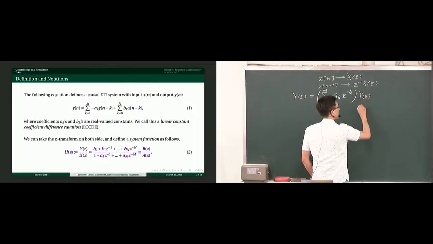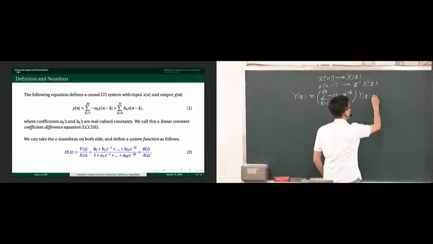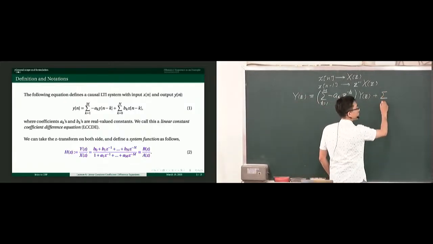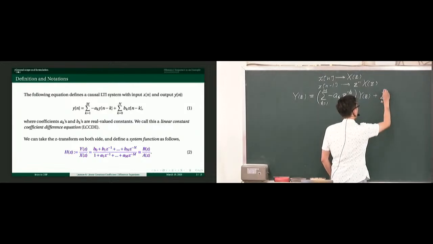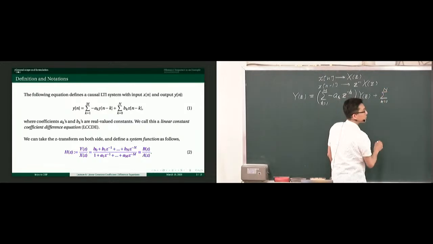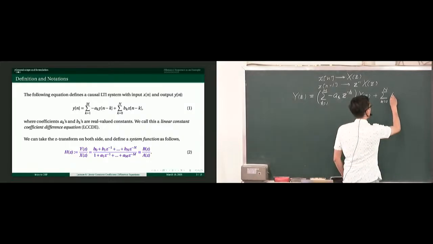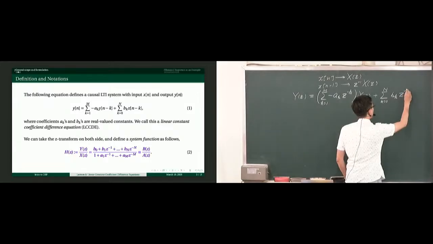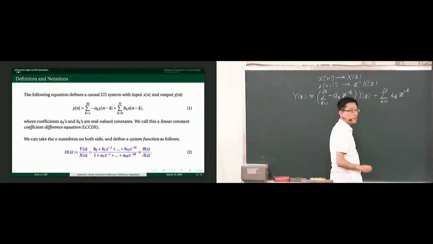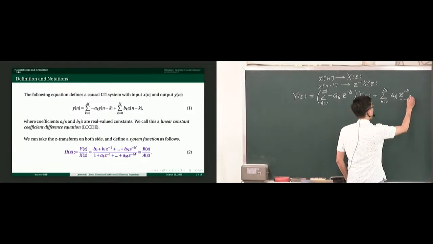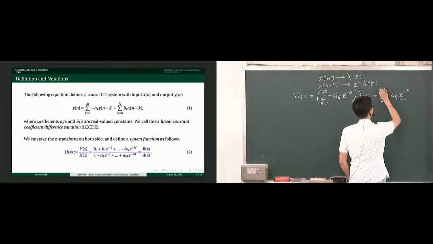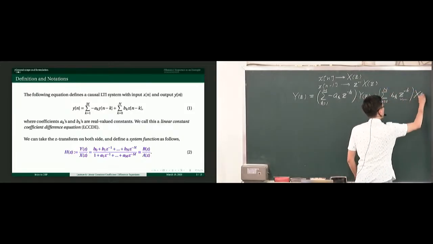On the right, we have this term plus the next term, again summing from 0 to big N, according to my notation, with b_k, where the delay is now replaced by z to the minus k power. That's a factor that will appear right here, and X of z.